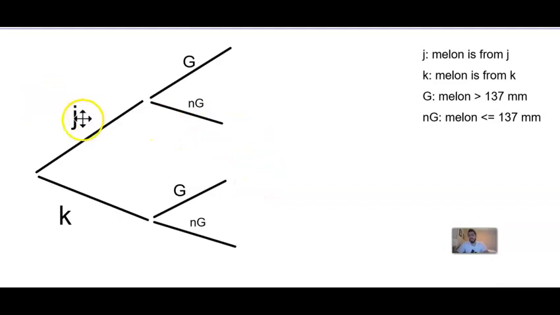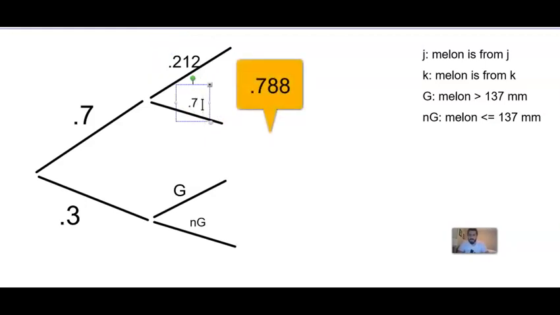So what we should do is fill in each of these probabilities. 70% of them are from J, 30% of them are from K. And then we found out in problem 1 that the probability that a melon from distributor J is greater than 137 millimeters is 0.212, which means the probability that it's not is 1 minus 0.212, which is 0.788.